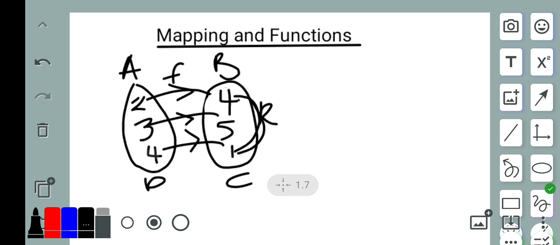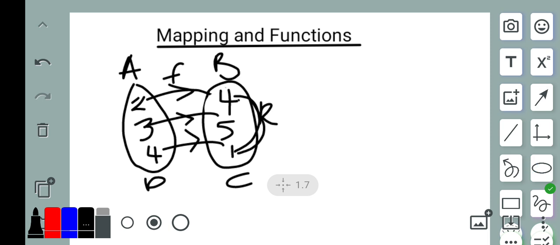Your range is the combination of all your images. So the range here is 4, 5, and 1, and that's what range is about. So that's what a function is.